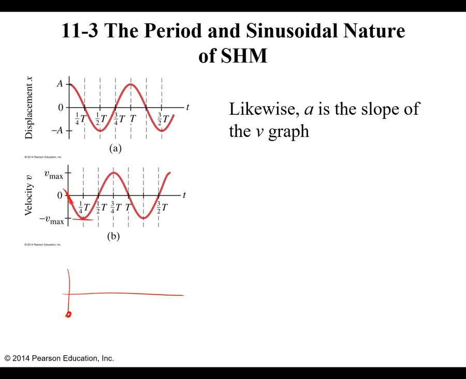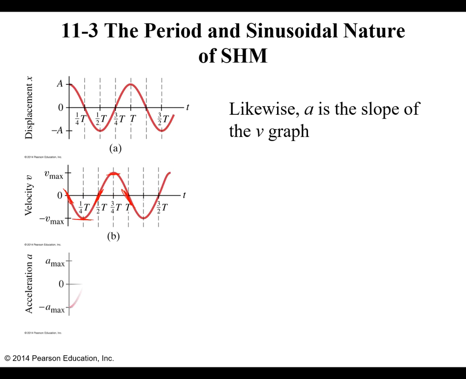At quarter T, you have 0 slope, which means your acceleration should be 0. At 1/2 T, you have a positive slope. And then at 3/4 T, you have a 0 slope again. And at T, you have a negative slope. So we end up with a negative cosine function.